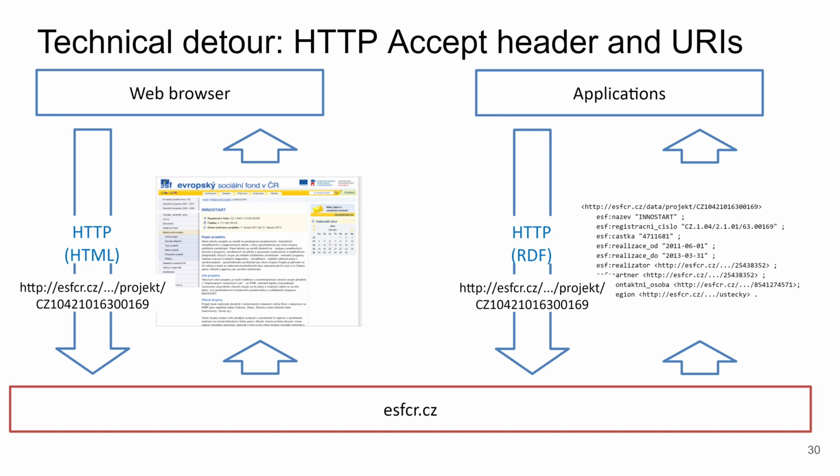When you are using your web browser, it asks for HTML. When you use your application, which wants to see data, it can ask for RDF. So a single URI actually represents the resource, and you can specify in which format you want to see the representation of that resource. So with one URI, applications can get RDF and your web browser can get HTML, and it works together.